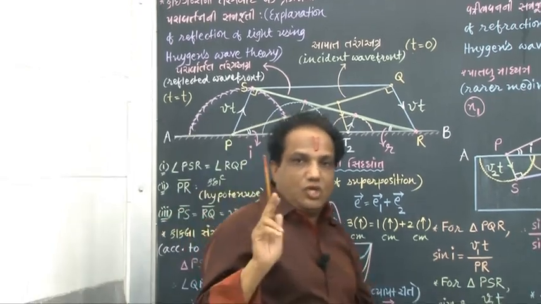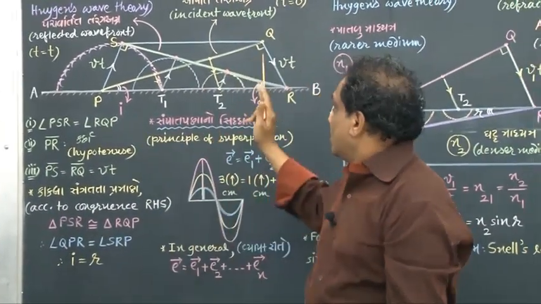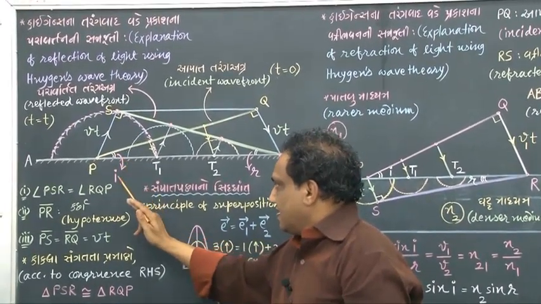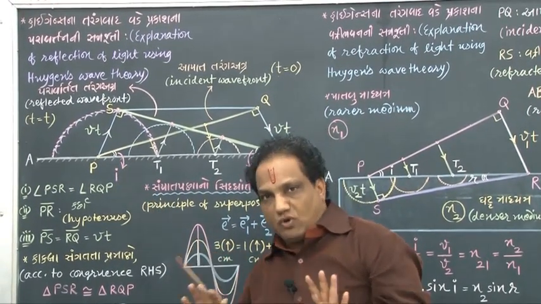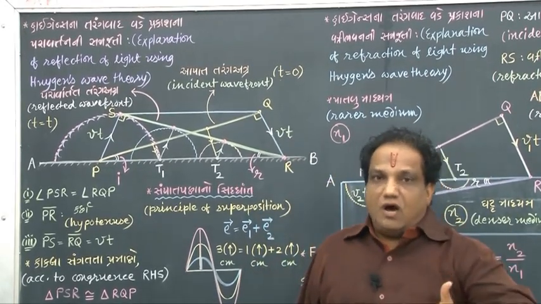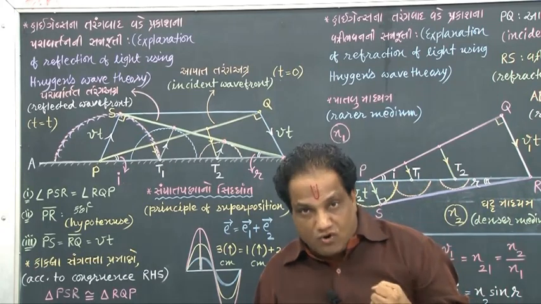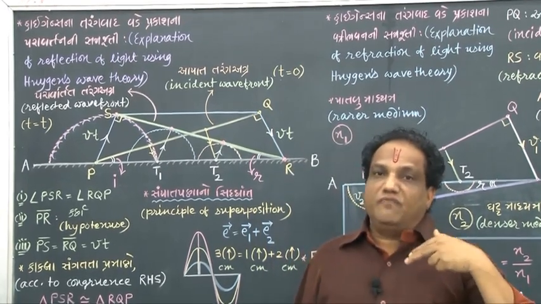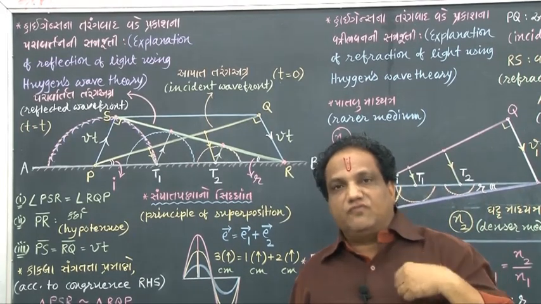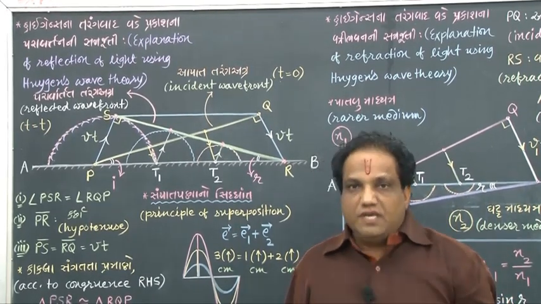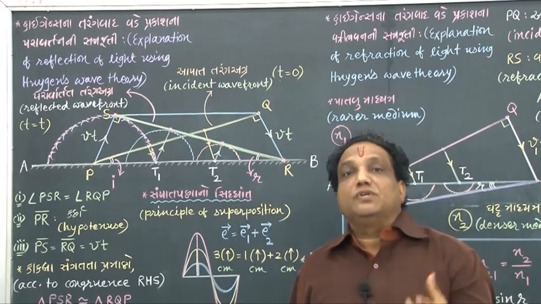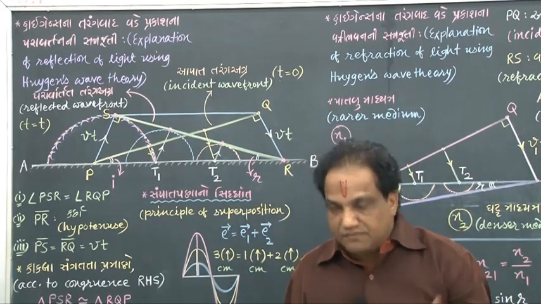So angle QPR is going to give you the angle of incidence. Now, what is the shape and position of the new reflected wavefront at time t? That is what we have to find out. The incident wavefront we know. Now we have to find out the reflected wavefront. Come on.